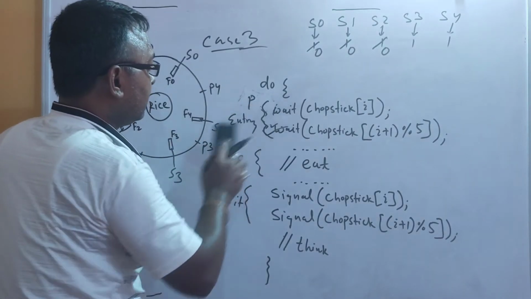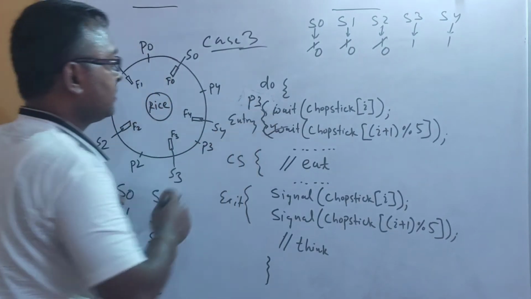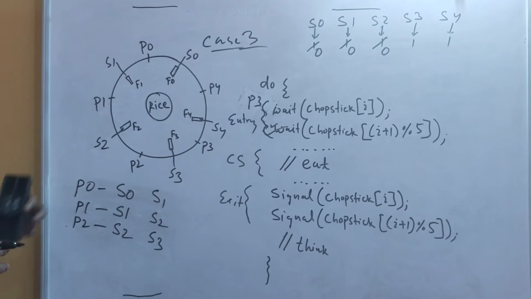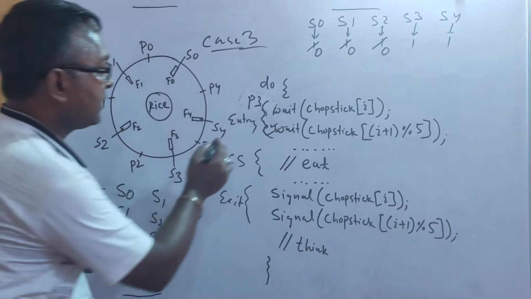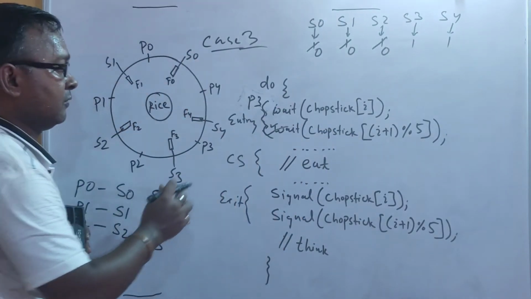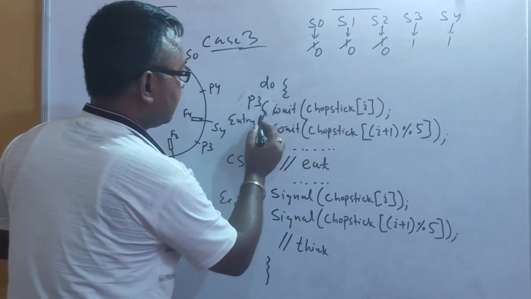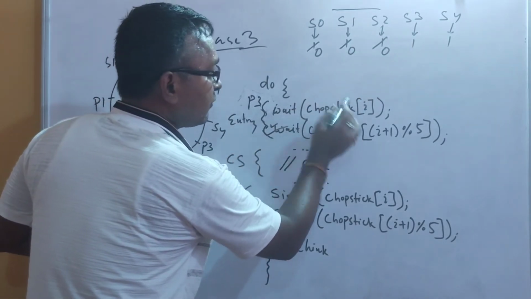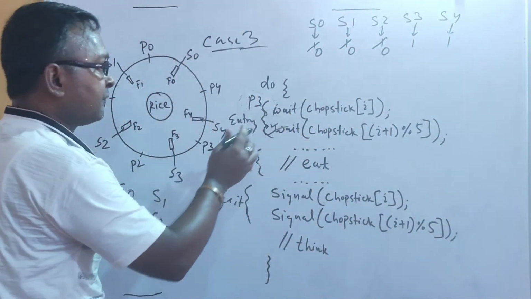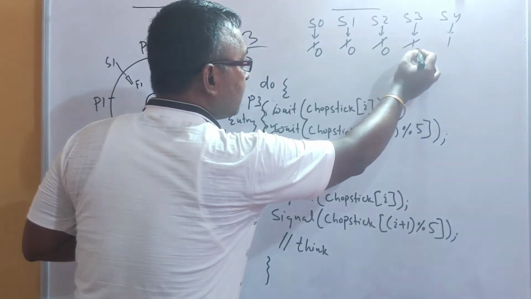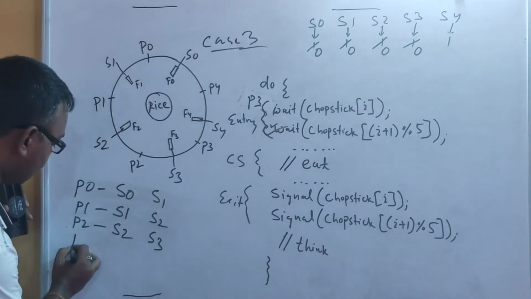Now P3 wants to access the resource. P3 executes wait on semaphore S3, thereby decrementing the semaphore value from 1 to 0.